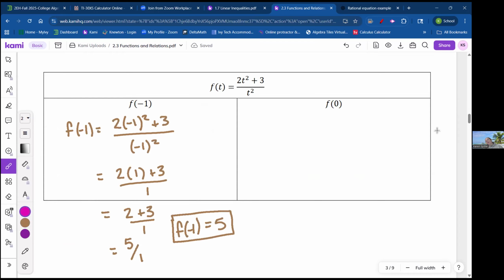Why don't you guys try the one on the right? Try f of 0. Correct.